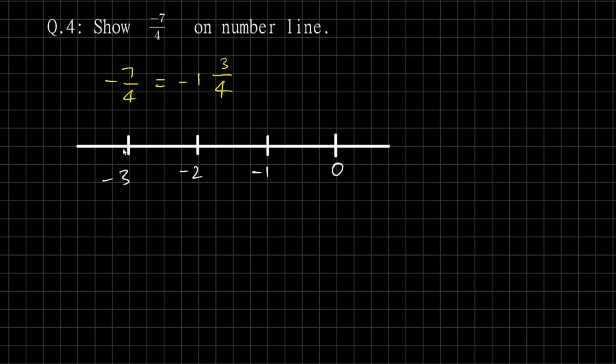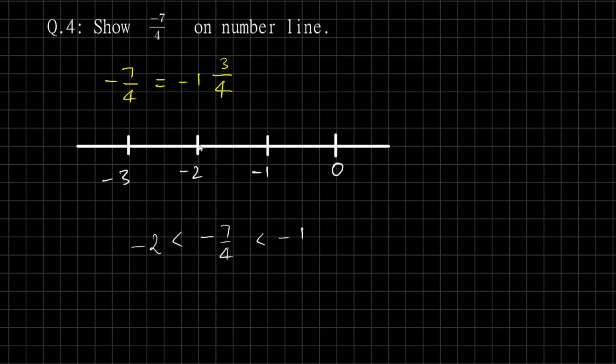Okay, let's draw our number line. This is our number line. The whole part is negative 1 and the next leftward integer is negative 2. So our number negative 7 over 4 is going to be in between negative 1 and negative 2.